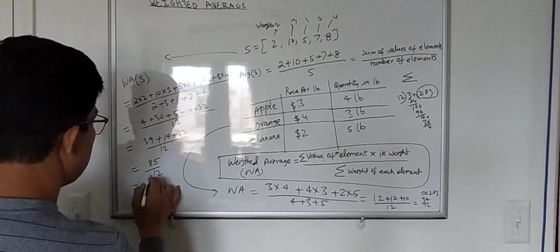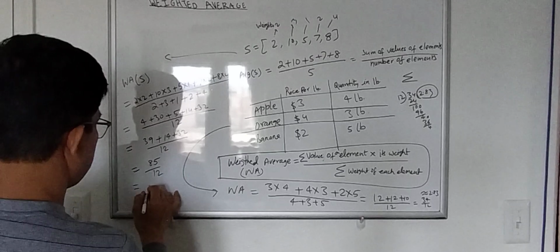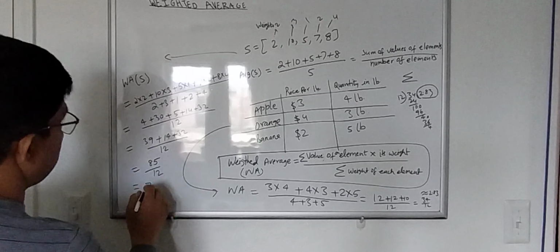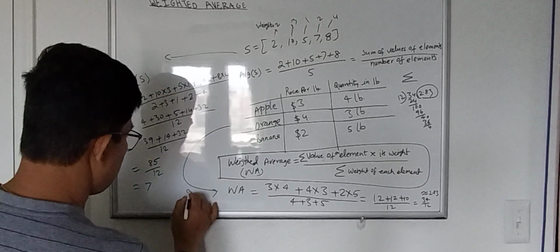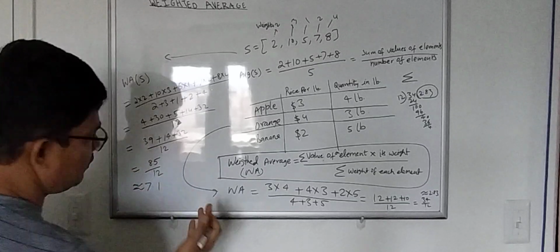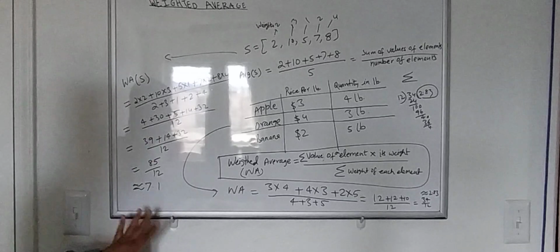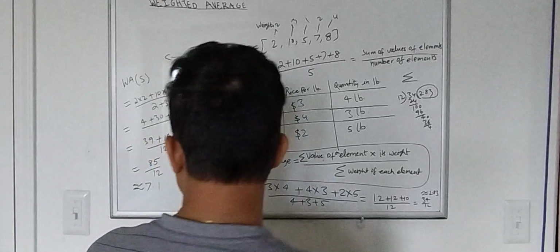So this one will be 84 and 100, something like around, you can say 7.1. Okay, there is some 7.0 value, but the weighted average is 7.1. Got it?